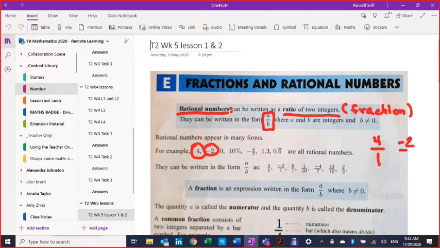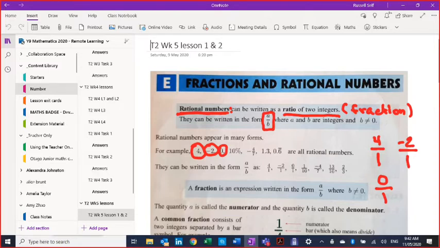So you have -2, to write it as a ratio or a fraction, we'd simply put it over a 1. We can even do that with 0. 0 over 1 is the fractional form of 0, because 0 divided by anything is still 0.